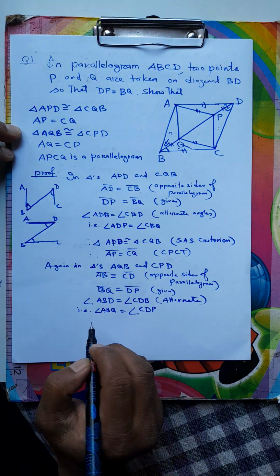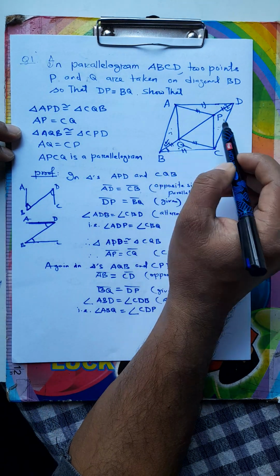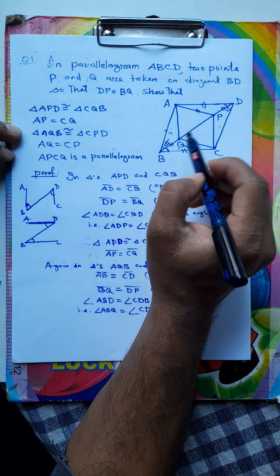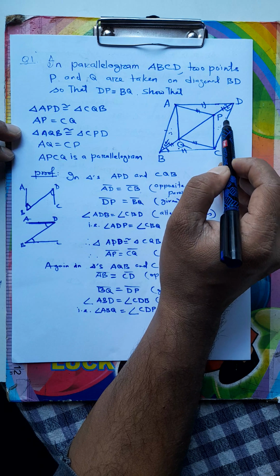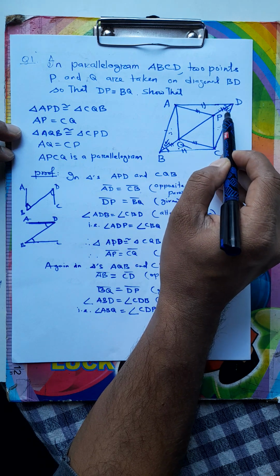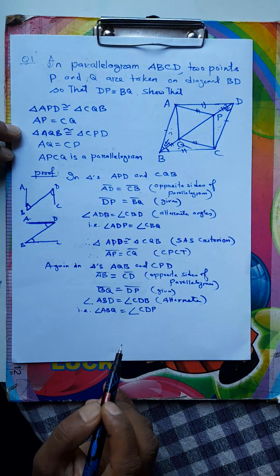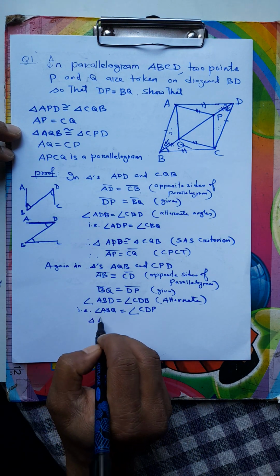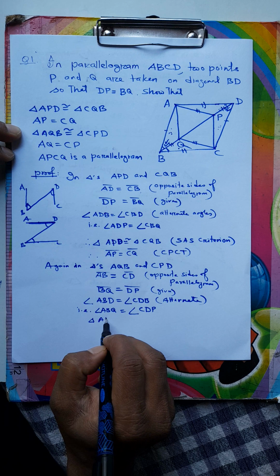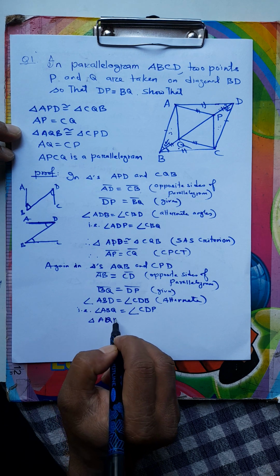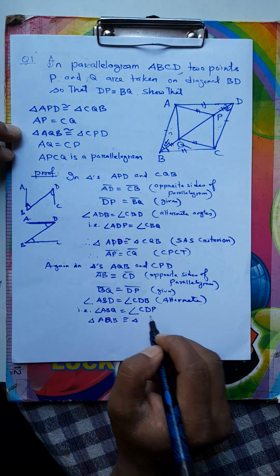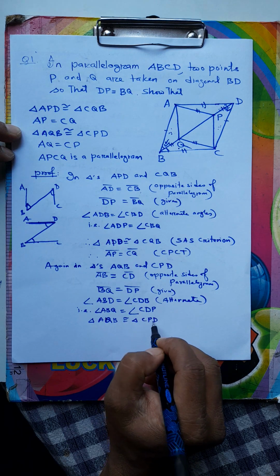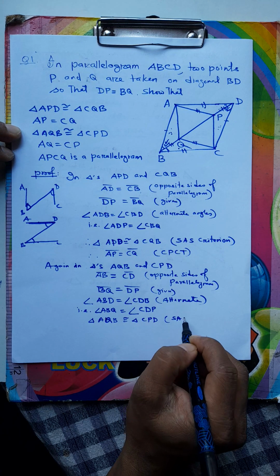So we find that in these two triangles, these two sides and included angle of this triangle are equal to two sides and included angle of this triangle. So these two triangles are congruent. Triangle AQB congruent to triangle CPD by SAS criteria.